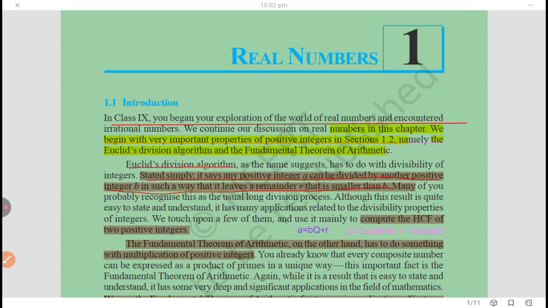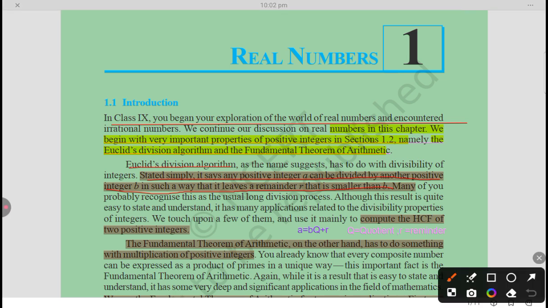So in this chapter, we mainly learn two results: Euclid's division algorithm and the fundamental theorem of arithmetic.